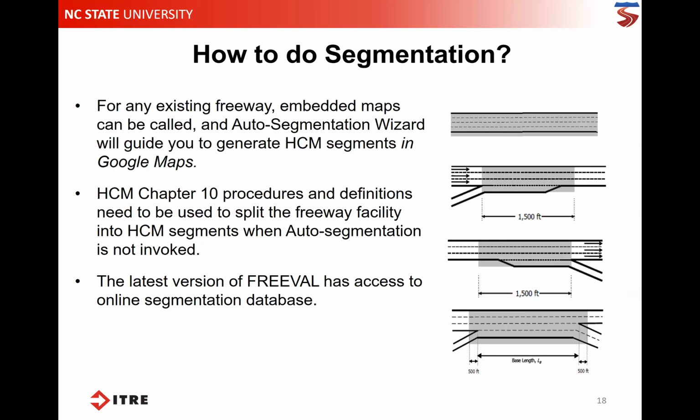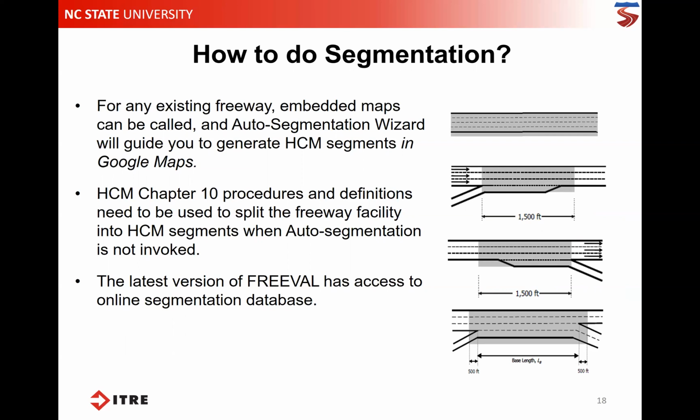How do we do segmentation? Many ways. You can start from scratch and just stick in different segments as you used to do in the old days. Or right now we can use an auto segmentation wizard. Even if you don't have the database, you can go to a Google map and click on the different segments, and FreeVAL will recognize those and generate the facility without needing a database.